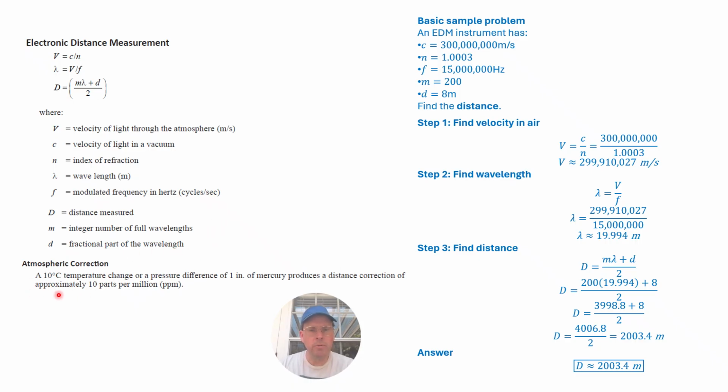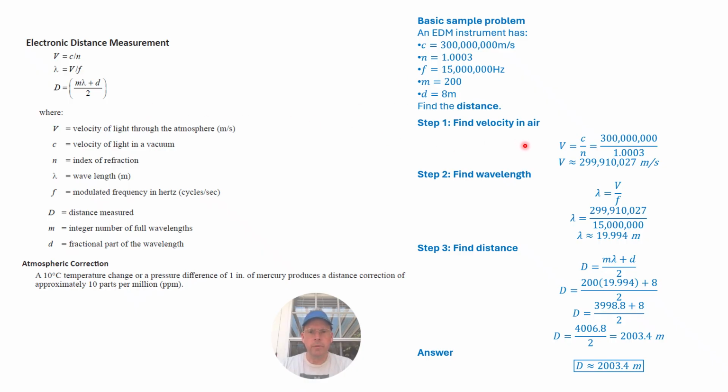You have this correction. We'll go over that next, but just do a basic example. You have an EDM, electronic distance measurement instrument, has these numbers. So let's say we're given the C, the N, the F, the M, the D, find the distance.